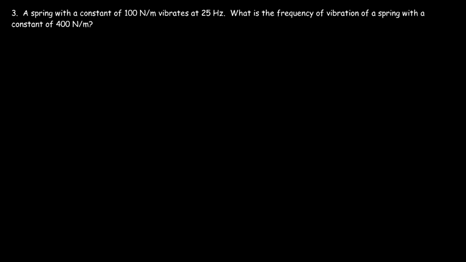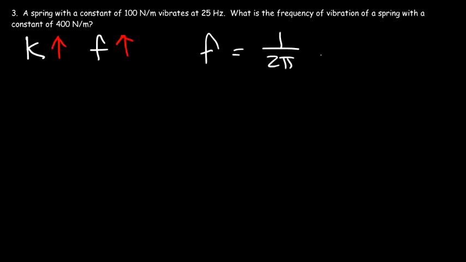Number 3, a spring with a constant of 100 newtons per meter vibrates at 25 hertz. What is the frequency of vibration of a spring with a constant of 400 newtons per meter? So what happens to the frequency if we increase the spring constant? As the spring constant increases, the frequency increases. And we know that the frequency of a spring is 1 over 2 pi times the square root of k over m.